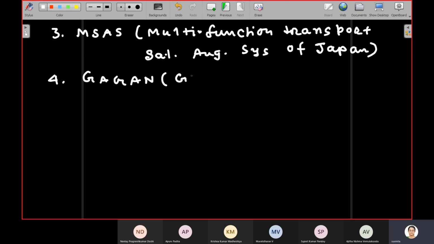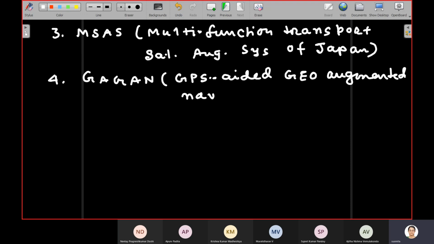GAGAN stands for GPS aided geo-augmented navigation of India.